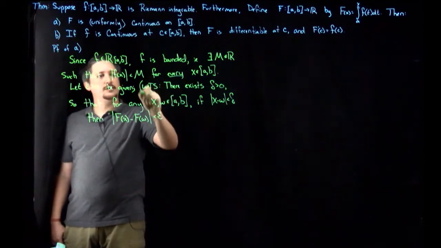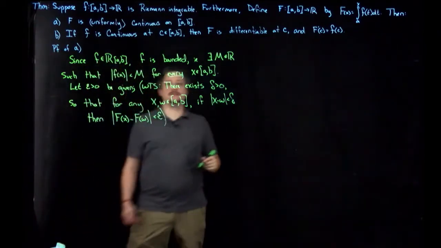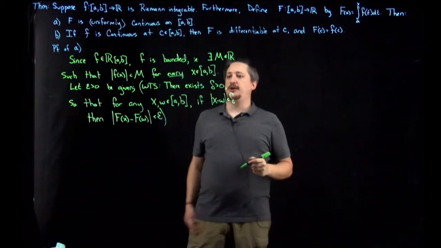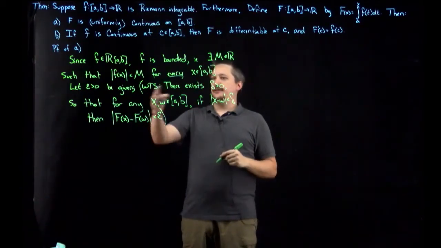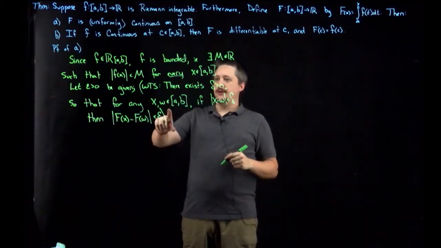All right, so put this in parentheses. This is our goal. We're given an epsilon, so that's that epsilon. We want to show that there is some delta I can choose so that this is true.